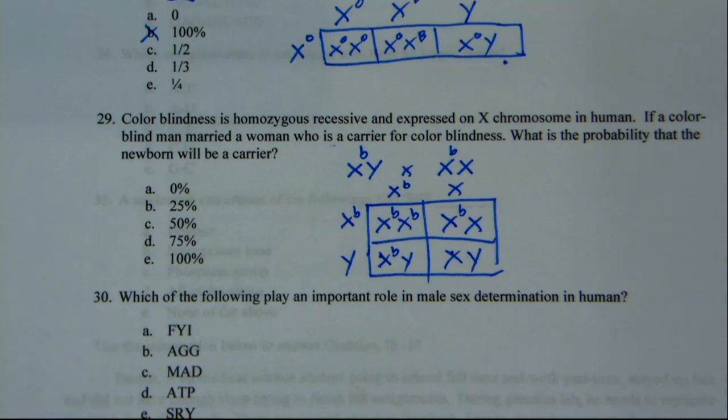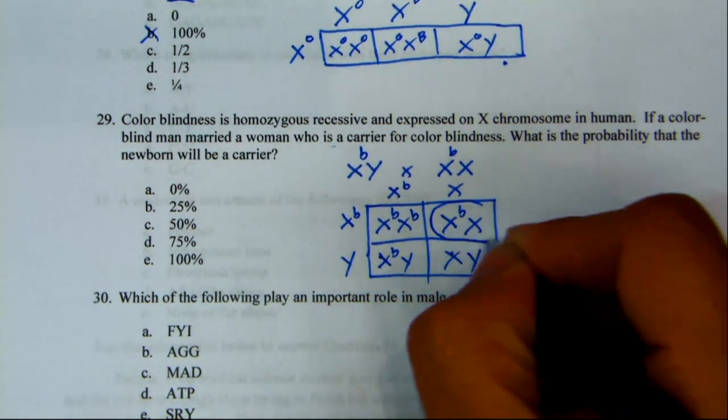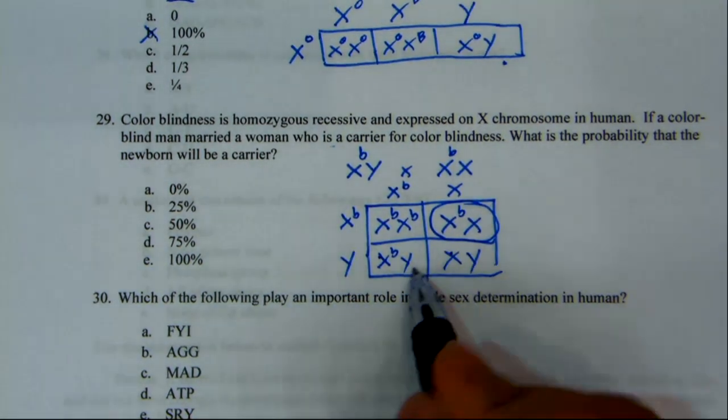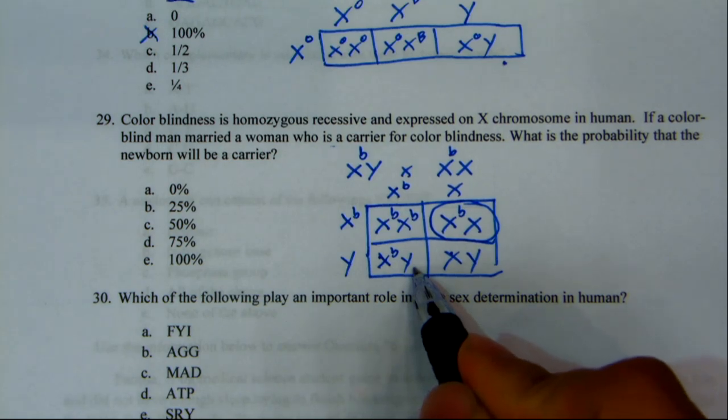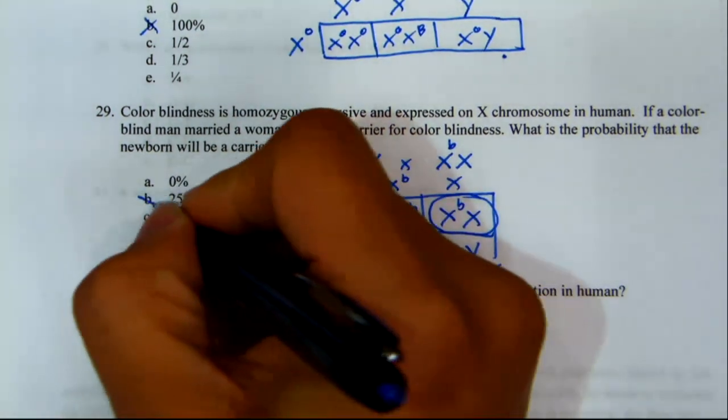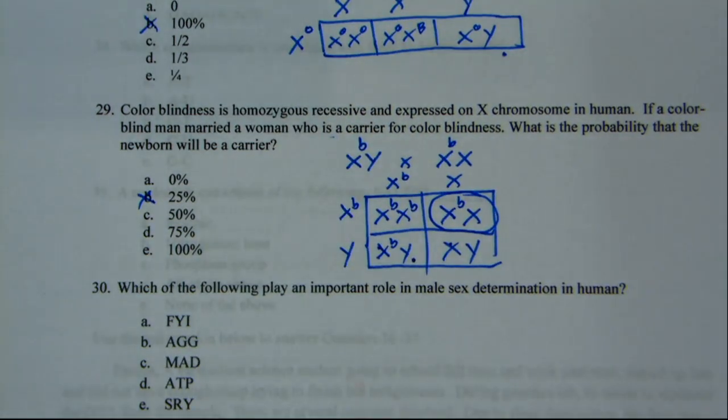Okay, so it asks, what is the probability that the newborn will be a carrier? Which one is a carrier? This one. Is this one a carrier? No, right? Because it's the guy, so you only have one X, then you have that. So it's not. So the answer to this is 25%. Okay?